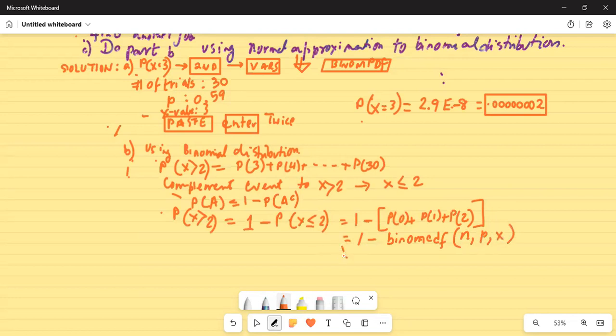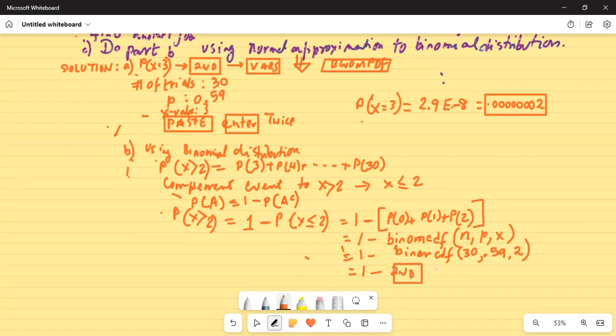So it will be 1 minus binom CDF. N is 30. Probability of success is 0.59. And we are adding up to 2. So the last number is 2. How do I find the binom? So I do 1 minus, then I scroll down to second.